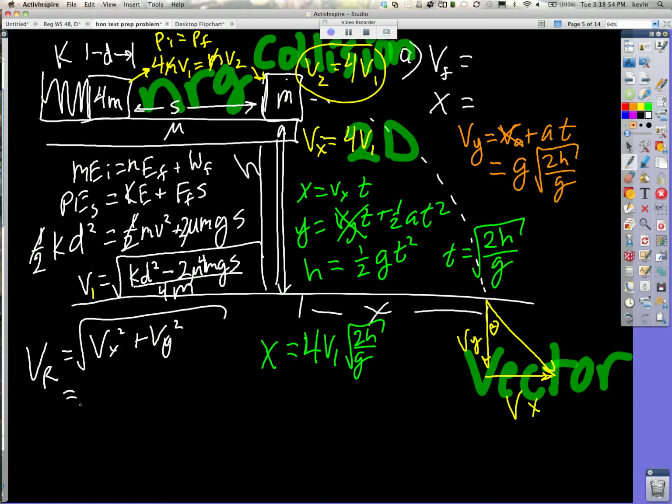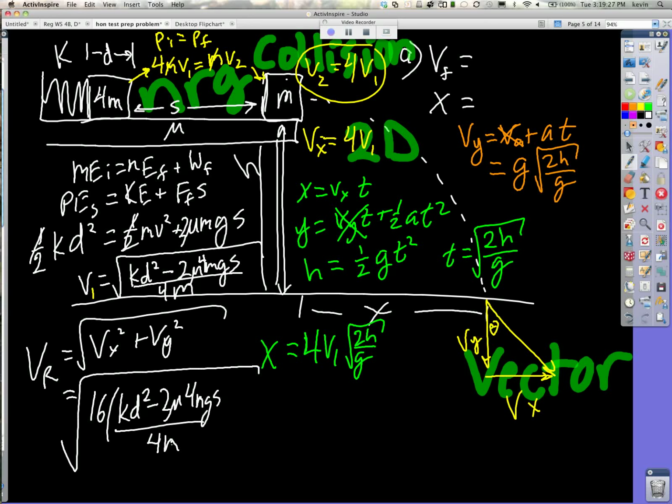Yeah, so technically it looks something like, if I square it, and remember Vx is 4 times this, so if I square Vx, I'm going to get 16 times k d squared minus 2 mu 4mgs over 4m, and then plus the other thing, this velocity, that's going to be g squared times 2h over g.